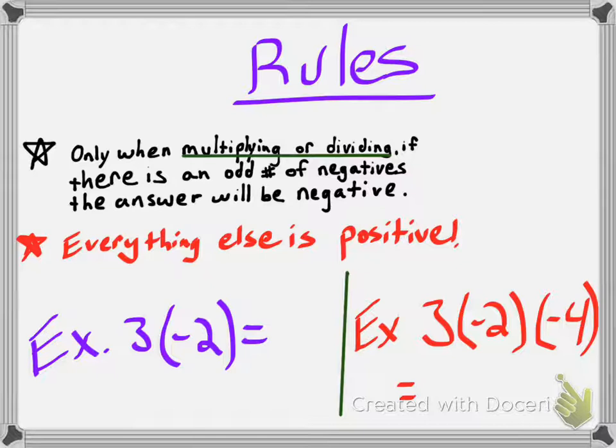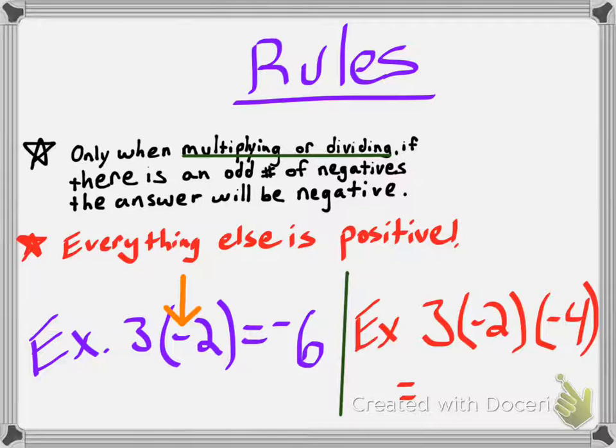So here are some examples. We all know that 3 times 2 is 6, right? Now how many negatives do you see? There's one negative. Is 1 odd or even? It's odd. So since it's odd, our answer is negative.